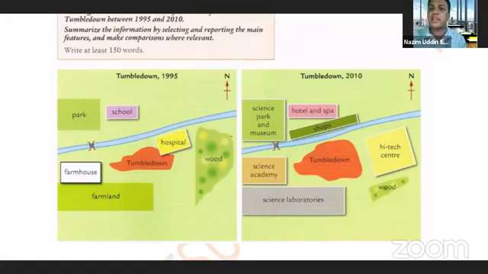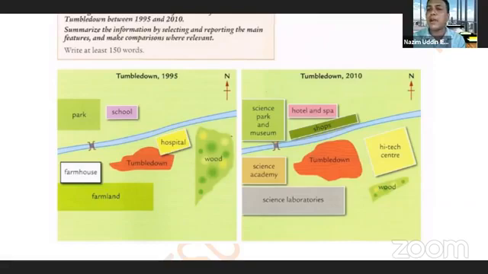But after, in 2010, they have changed lots of things. They have built a new science park and museum beside the Hotel Spa, and there was a shop between Tumble Down and the Hotel Spa.